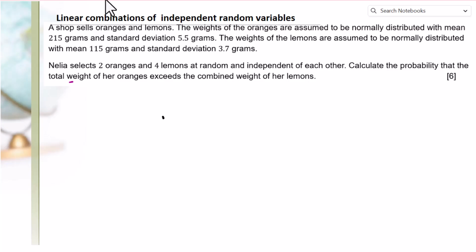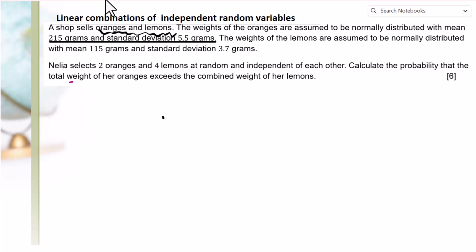This video is about linear combinations of independent random variables. A shop sells oranges and lemons. The weights of the oranges are assumed to be normally distributed with a mean 215 grams and a standard deviation 5.5 grams.